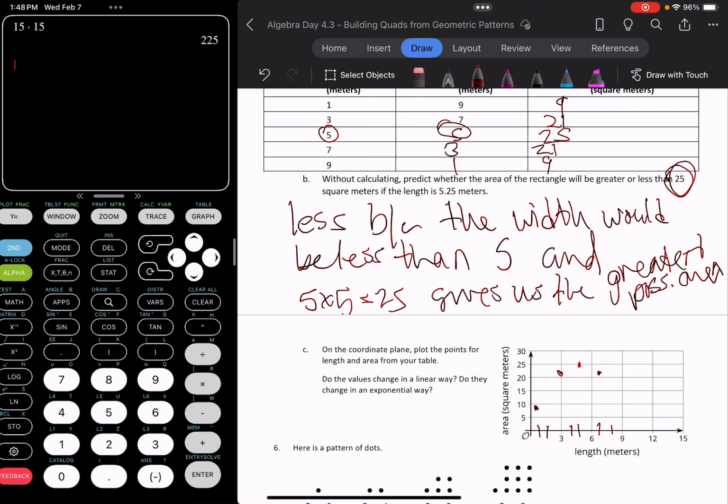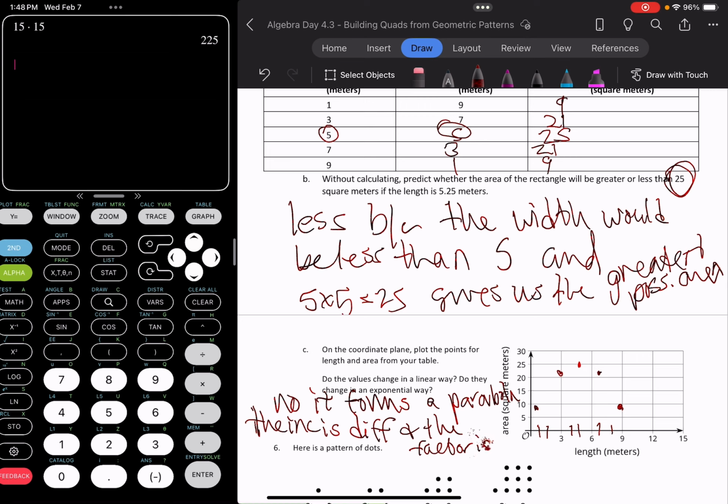And for a length of 9, we have, again, 9. So we can see, no, it forms a parabola, and it changes both increasing and decreasing, which linear functions and exponential functions do not. It's also, the increase is different, and the factor is different.